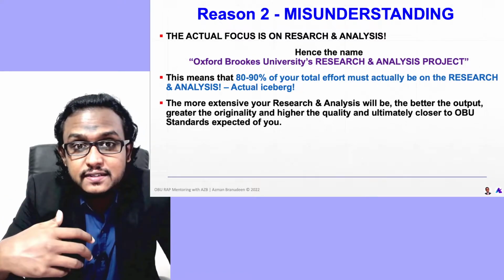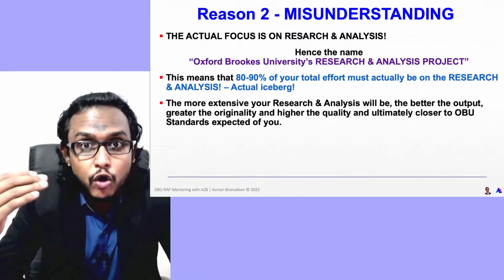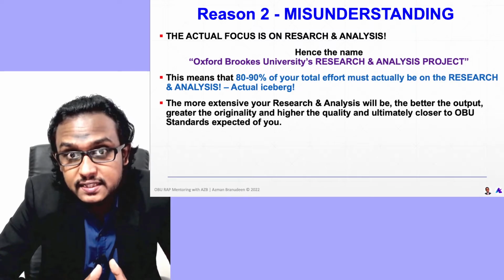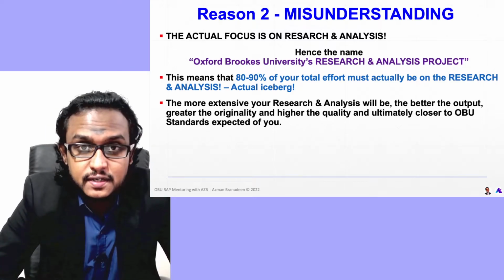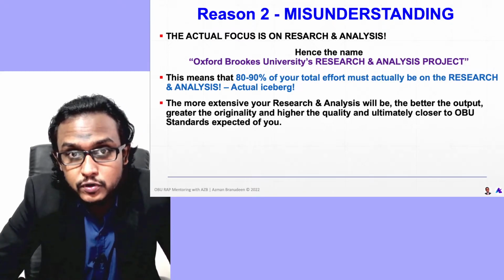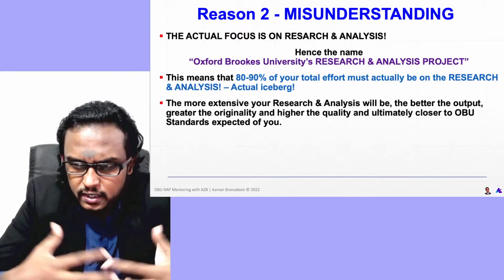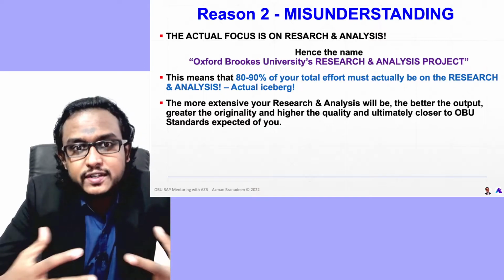The greater the originality you will find in your work, which is another main reason why candidates seem to be failing, because plagiarism results affect their output. The work seems less original.